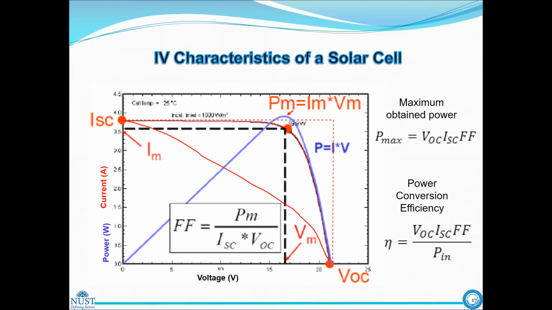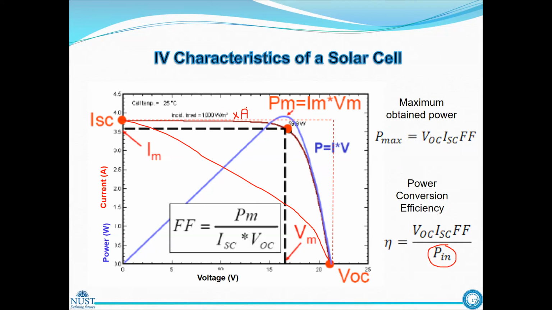So finally, now we have the maximum obtainable power out of this device, and we must know its input so that we can calculate the power conversion efficiency. What should be the input? Input is actually the irradiance, and we can multiply this irradiance with the active area of the device to convert it into power, into watts. 1000 watt per meter square is 1 sun irradiance, the standard value.